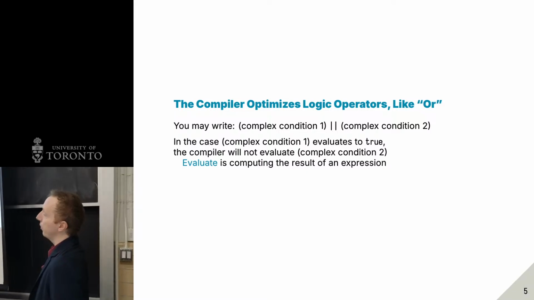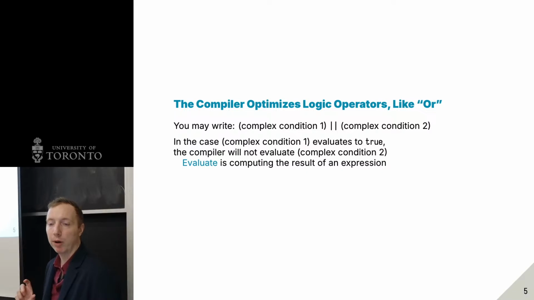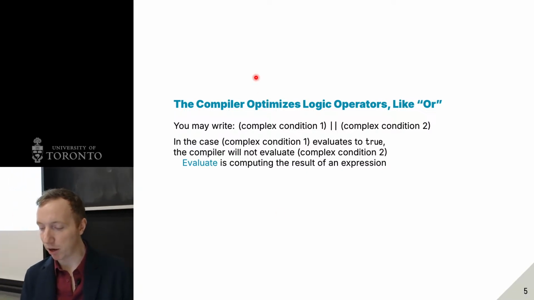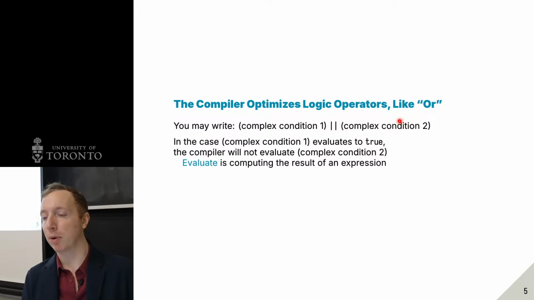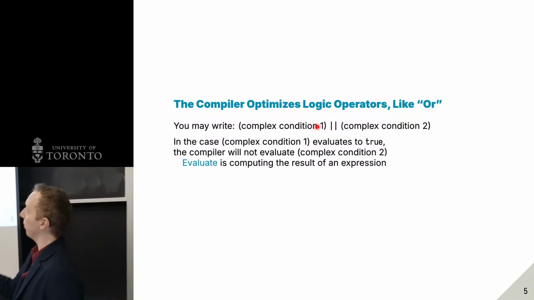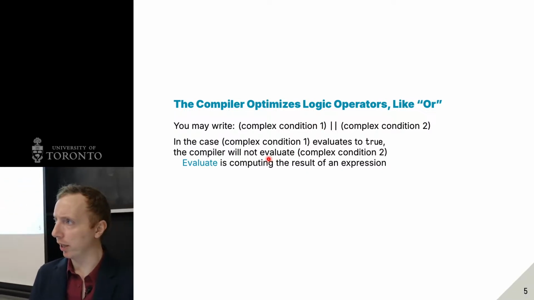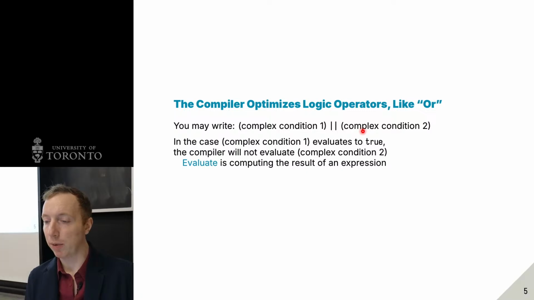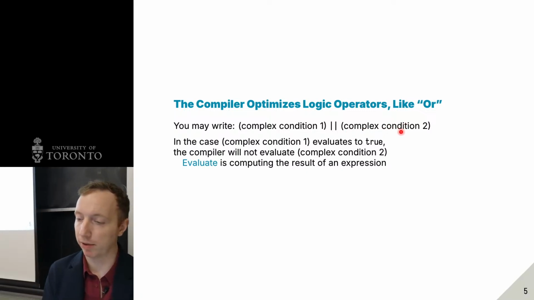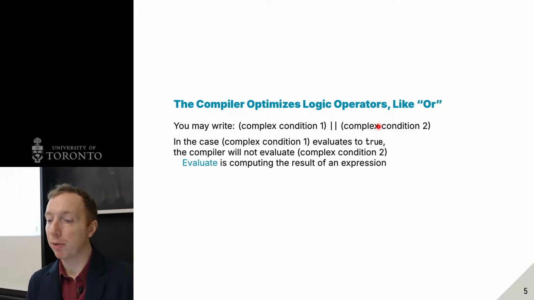All right, and just to be clear, the compiler optimizes those logic operators like OR. So if I write something like some complicated condition OR another complicated condition, and the first evaluates to true, the compiler has something called a short circuit, so it will not evaluate the other condition, because if this is true, it doesn't matter what the value of the other is, the whole thing is going to be true, right?